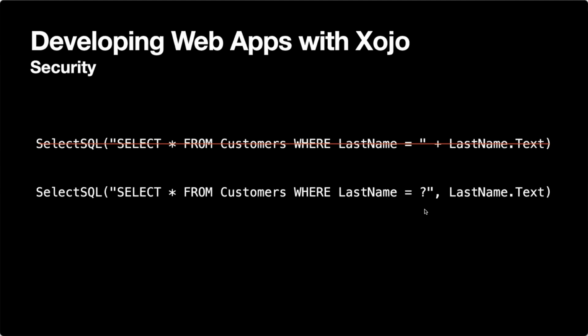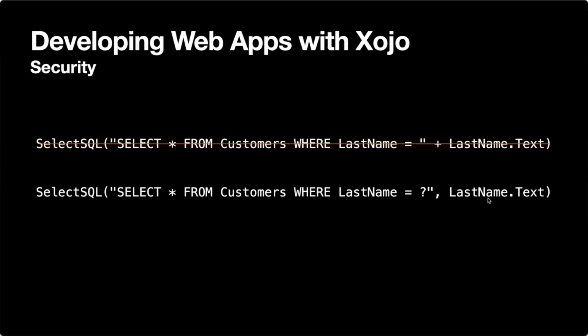You can look in our documentation to find out which one for the database that you're using, but most of them use a question mark. So you put the question mark where you want the field, and then you pass the field as a separate parameter. And you can have as many parameters like this as you want using the same placeholder. You just need to pass each as a separate parameter in the same order that the placeholders appear.